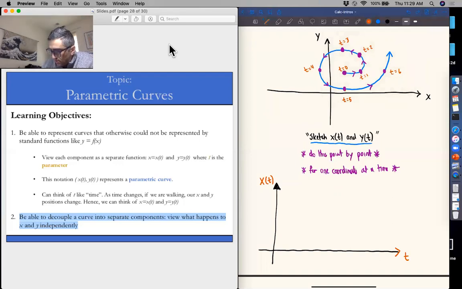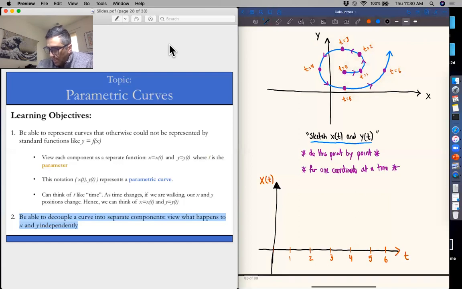So t equals 0 there, then 1, 2, 3, 4, 5, and 6. And let me shrink this up for a moment, just so this fits better on one page.